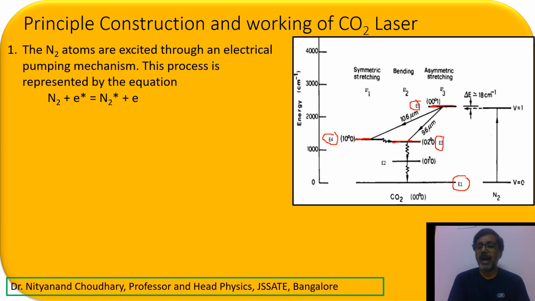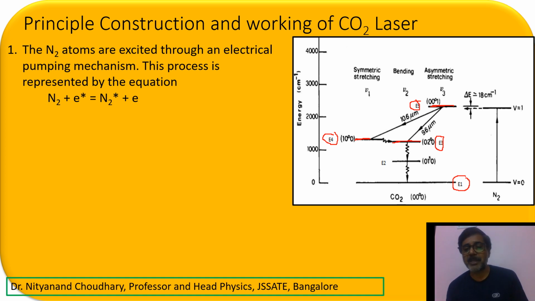Whenever you are providing the discharge, first nitrogen is getting ionized, and of course you will have the liberation of the electrons, right? Those electrons are going to move very fast under the high potential, and in turn make collisions with your carbon dioxide molecule, and carbon dioxide in turn is getting excited, and they are going to move into the different energy states, that is your symmetric, asymmetric, and bending, right?